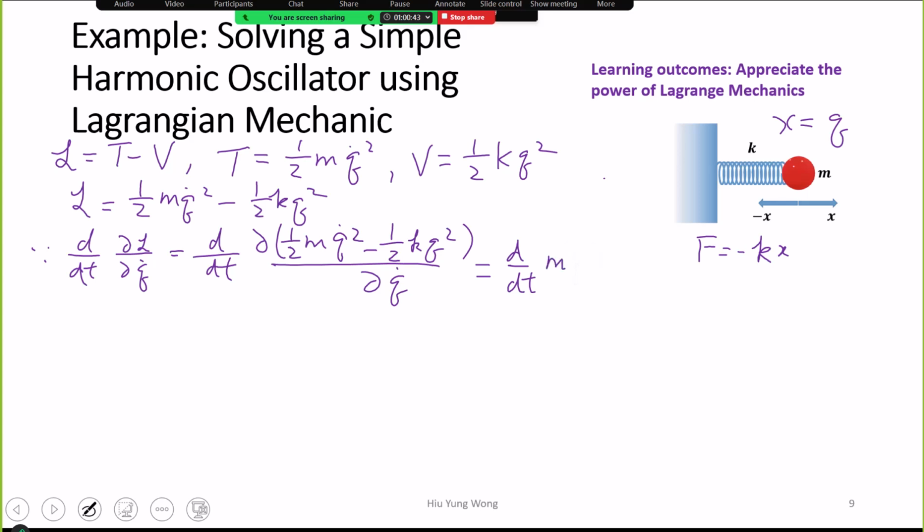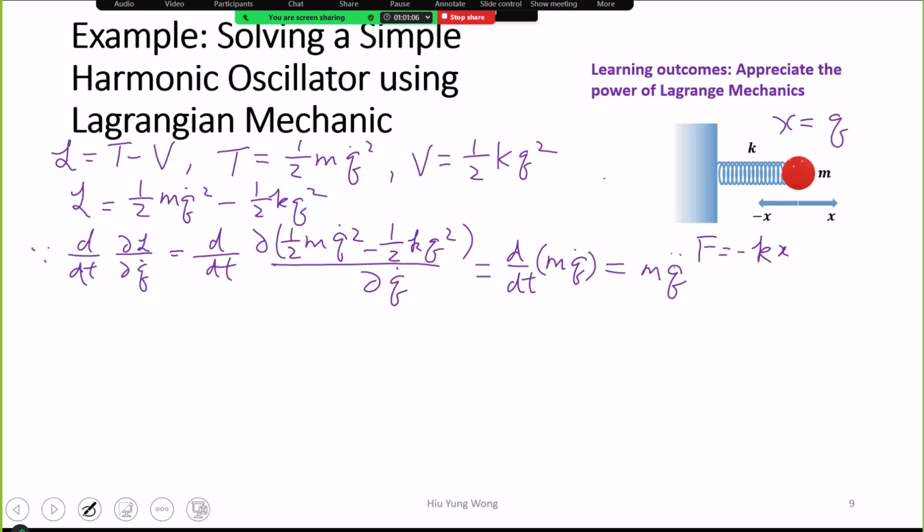Do you agree? Because the second term only has q, it does not have q dot, right? So the first term actually gives me, like what we did earlier, m q dot dot, mass times acceleration.